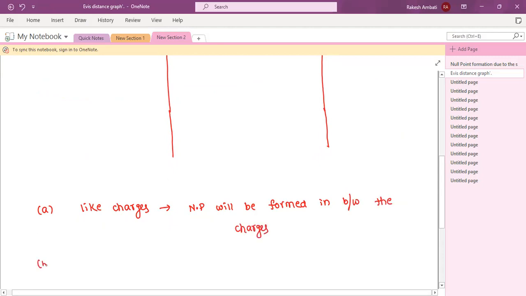Then the second point: both are identical positive charges.